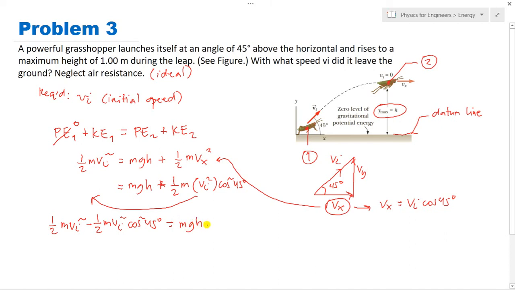And then h is given: at a maximum height of 1 meter, h is 1 meter. So no problem. Then factor out vi squared: vi squared times 1/2 m minus 1/2 m cosine squared 45 degrees is equal to mgh.